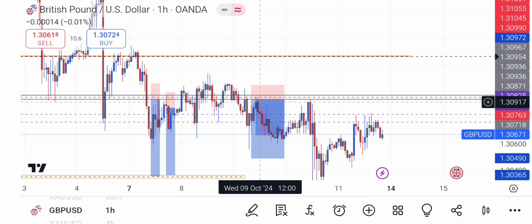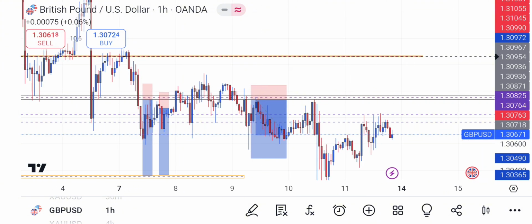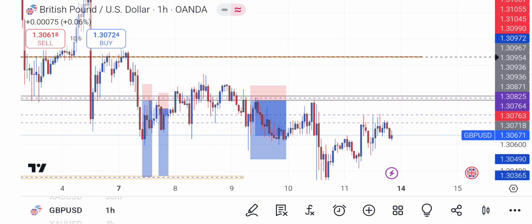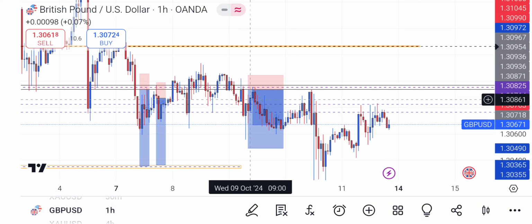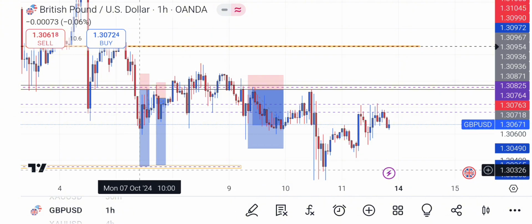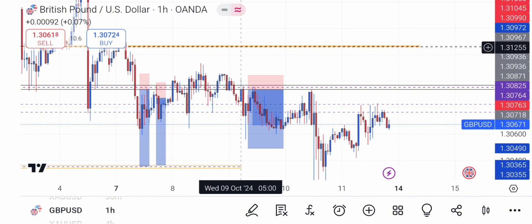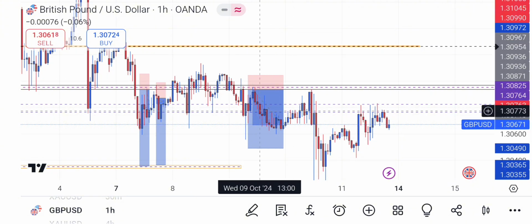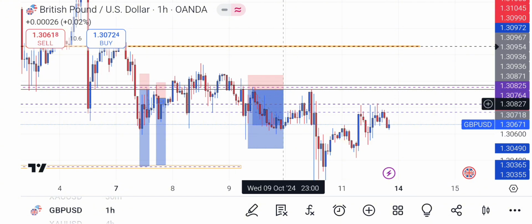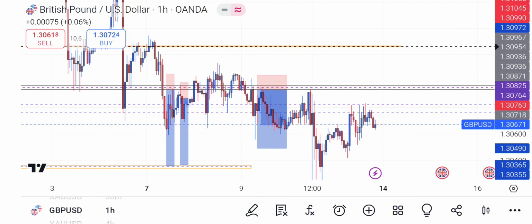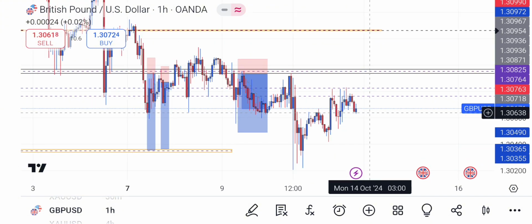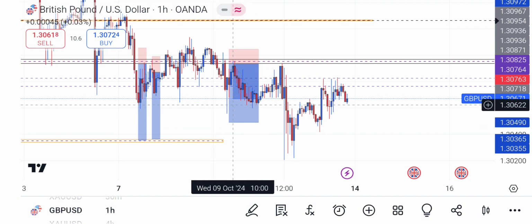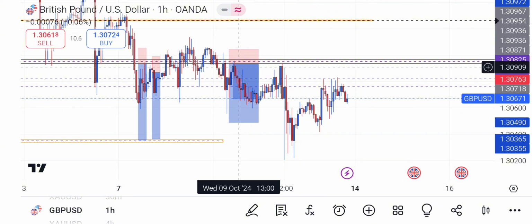I was thinking that since this market has been consolidating and is so slow, let me just wait for it to break out of this level, from this point to this point right here, before I start thinking of entering. But I placed this here just to monitor, because my eyes were still on the chart. So this entry, I didn't enter.